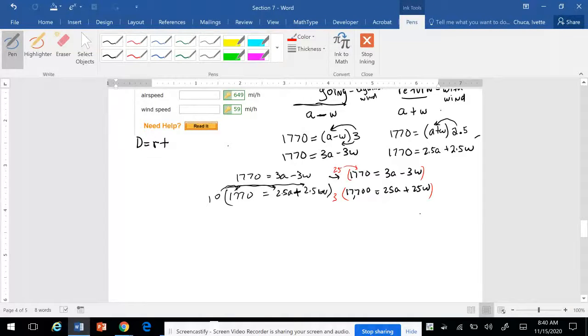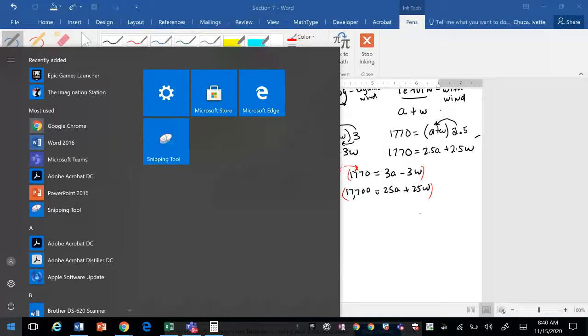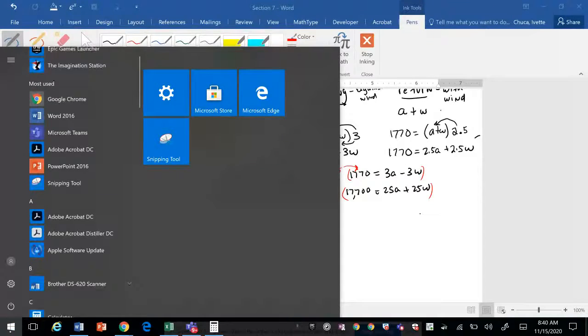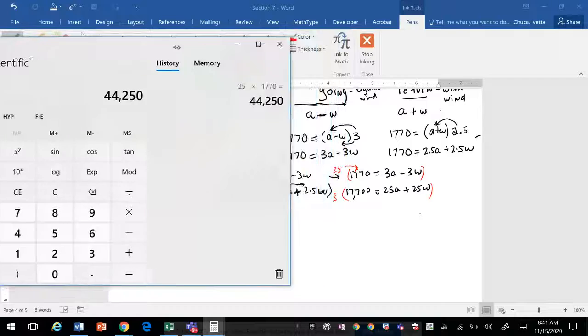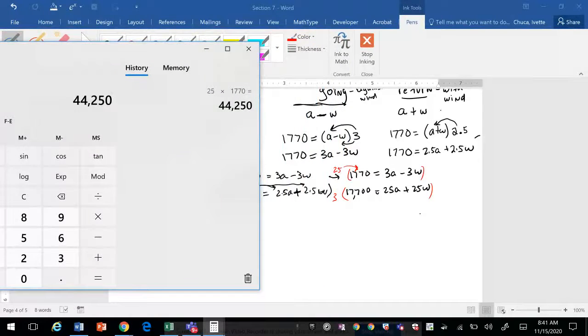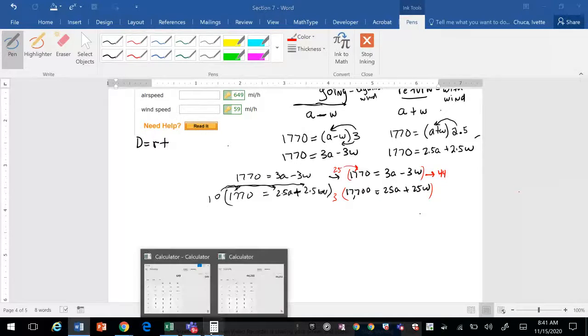So 25 times 1770. Let's use the calculator. So 25 times 1770 is 44,250.